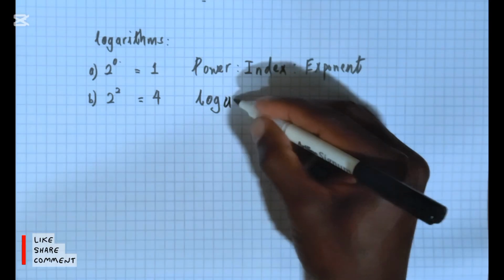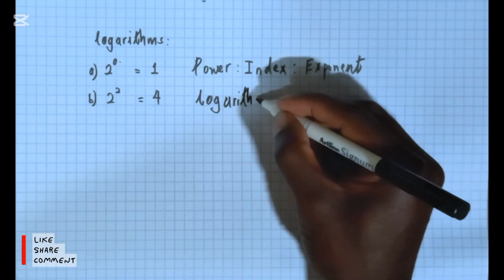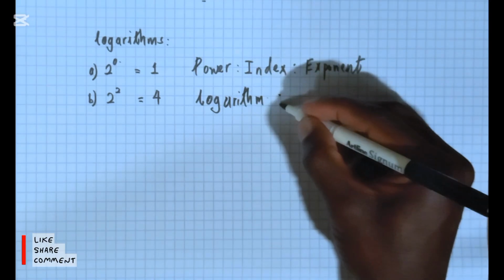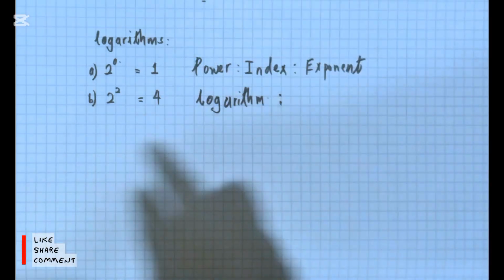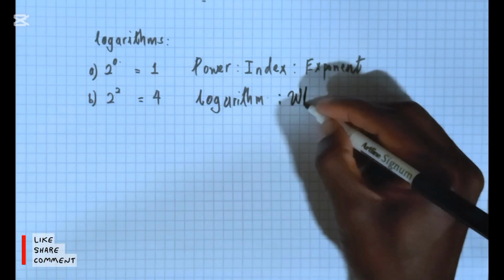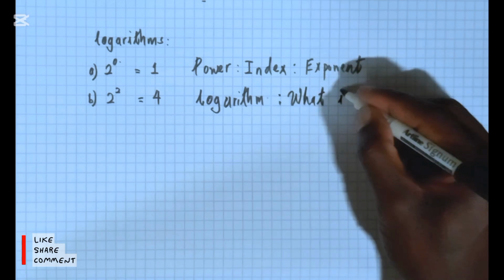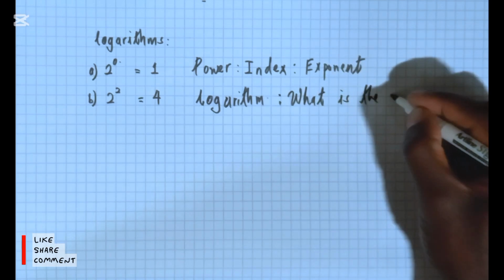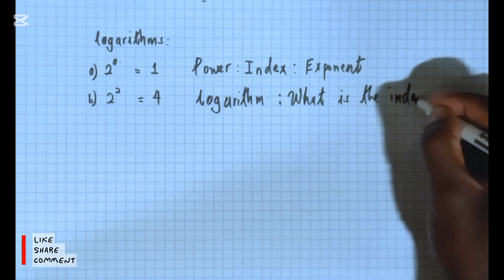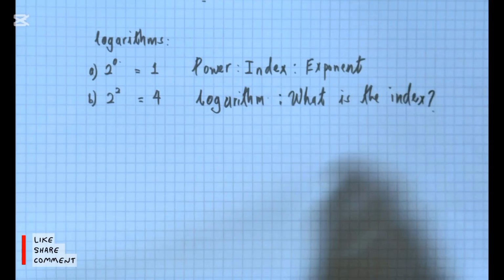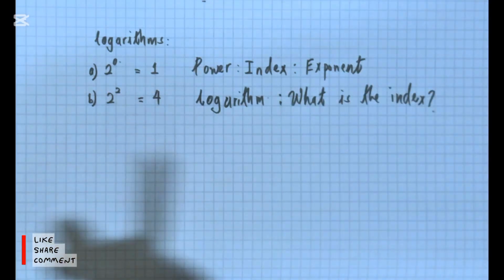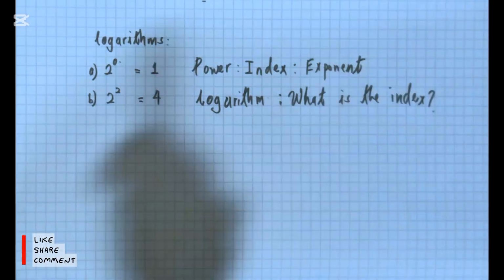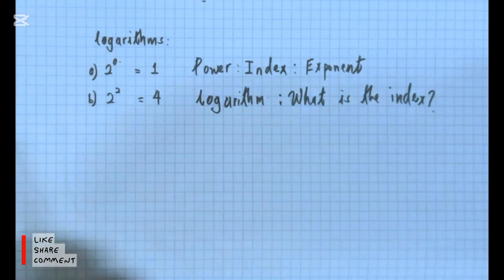So when we talk of a logarithm, we are asking a mathematical question, and that is what is the index? That is what logarithm basically means. So it's a mathematical question begging to answer the problem: what is the index? What is the power? Or what is the exponent?